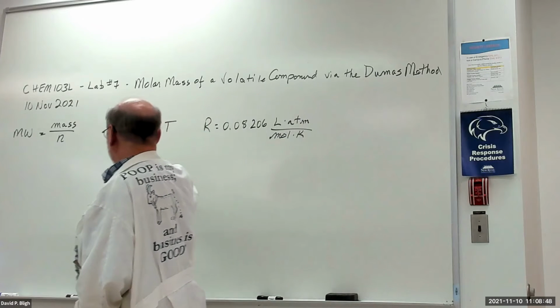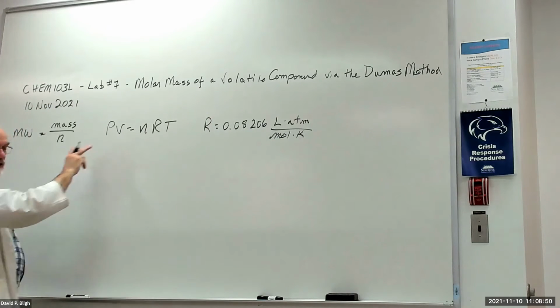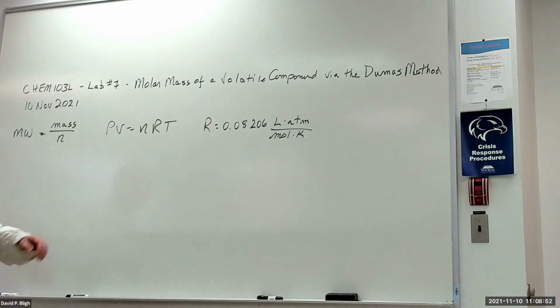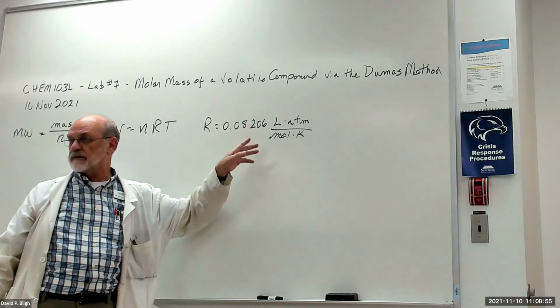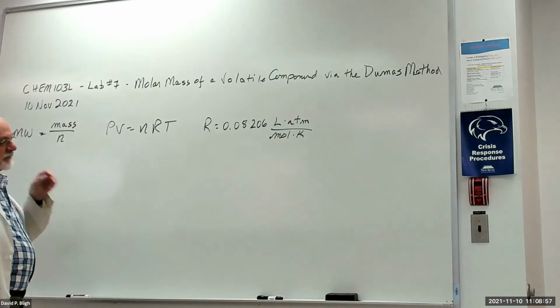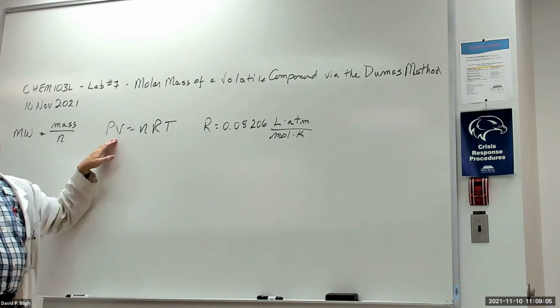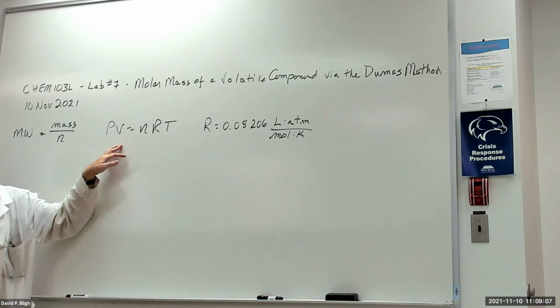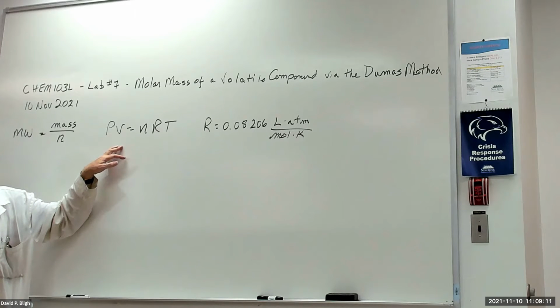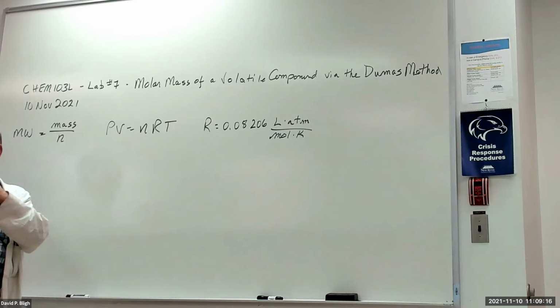That dictates what these must be. No matter what you measure them in, they have to be converted to these units before we can use them. So you can use this to find out how many moles of gas are in your container. And our container is a 125 milliliter Erlenmeyer flask. So that's going to confine our gas.